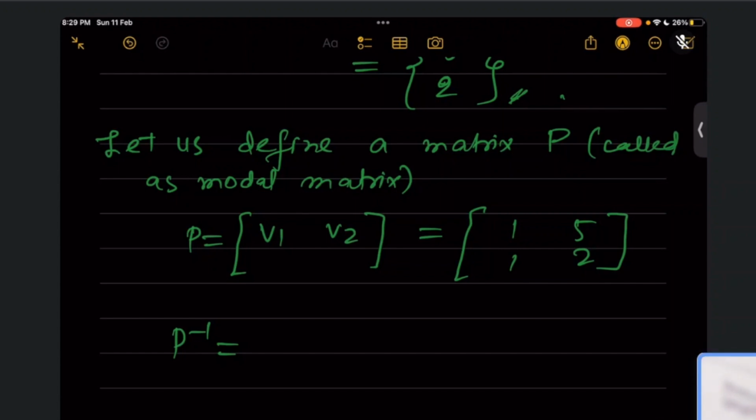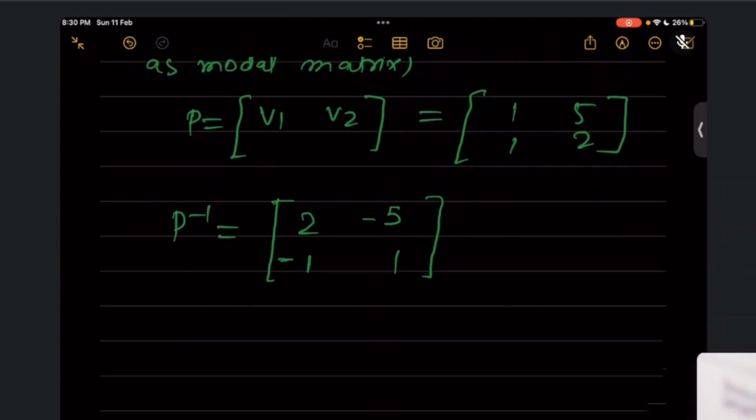So P inverse for a 2x2 matrix, finding the inverse is very easy, right? What you do is exchange these two entries and put a minus sign in these two entries, then divide the whole by its determinant.